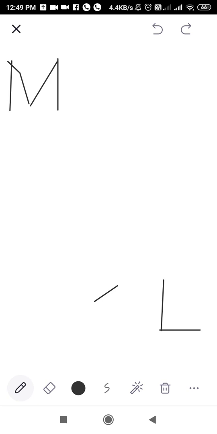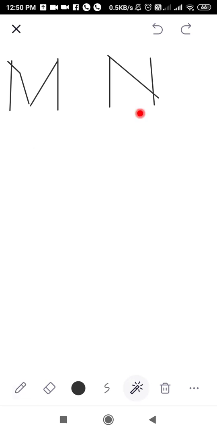Okay, letter M. Then next is letter N. To draw letter N, you have to draw two standing lines and one cross line. Okay, M, N.